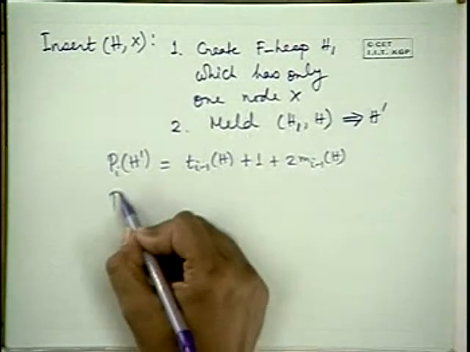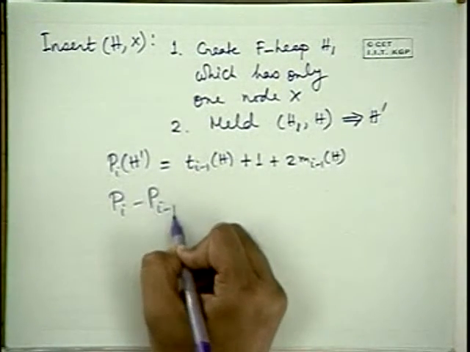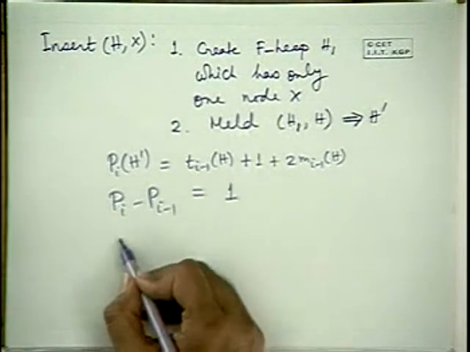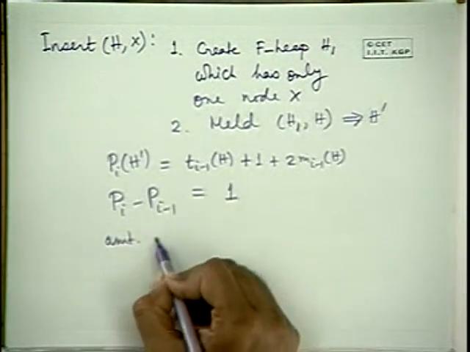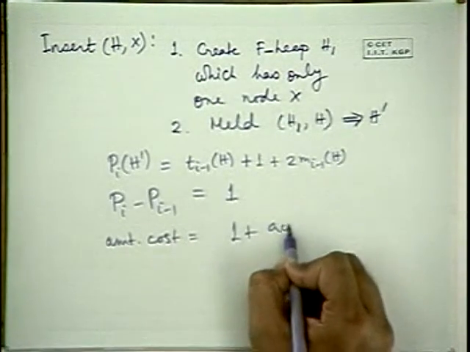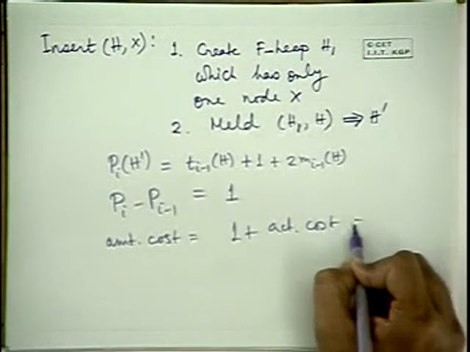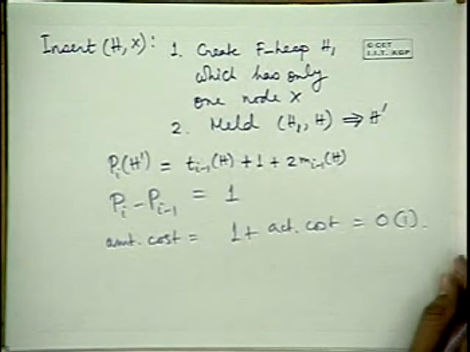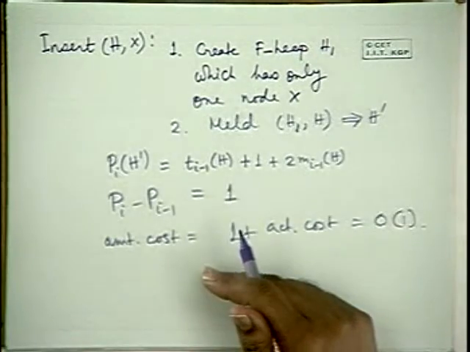So potential change is exactly 1. So again amortized cost is 1 plus actual cost, which is order of 1. So amortized cost is also order of 1. Actual cost is also order of 1 in this case.